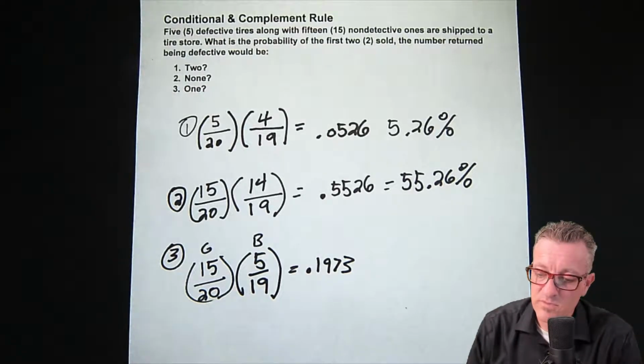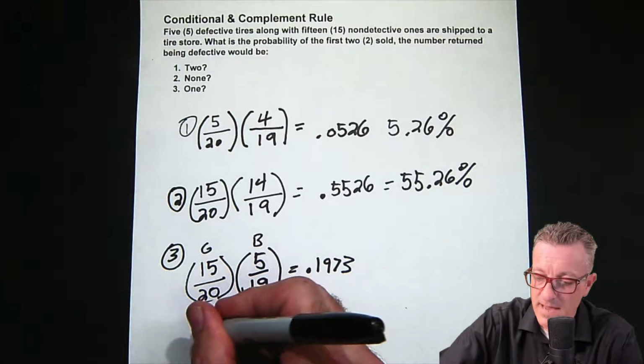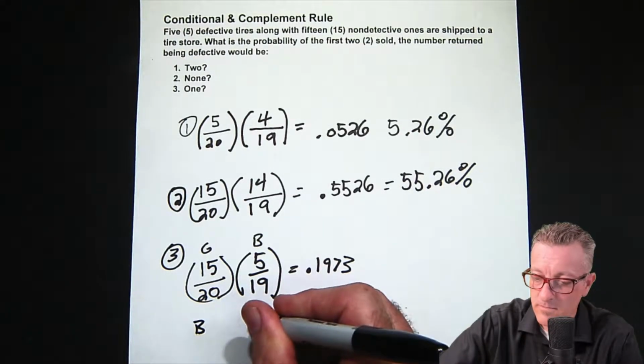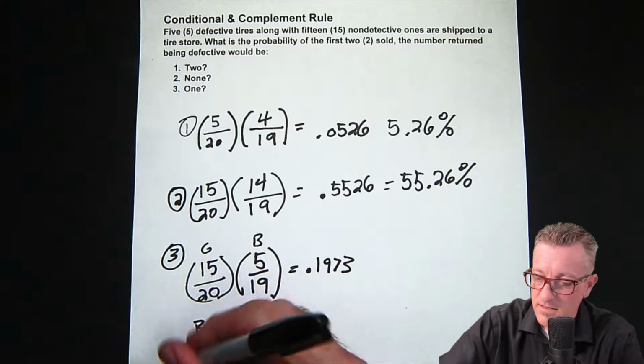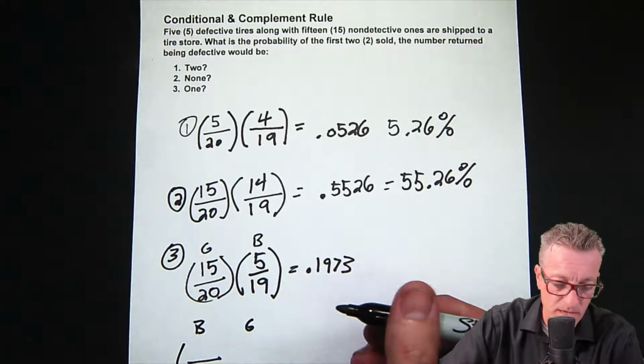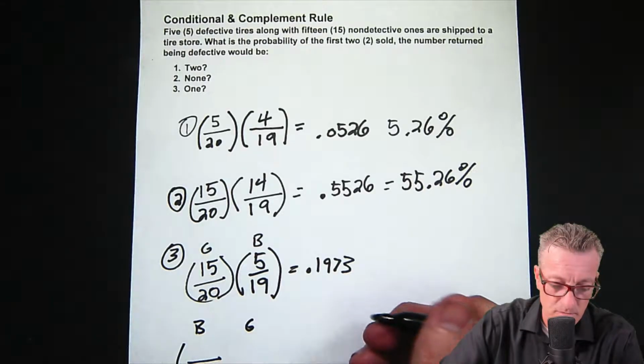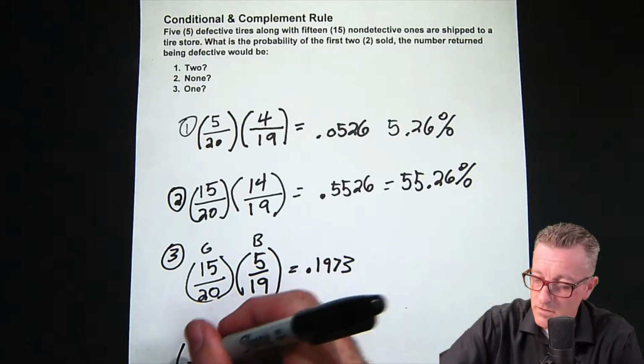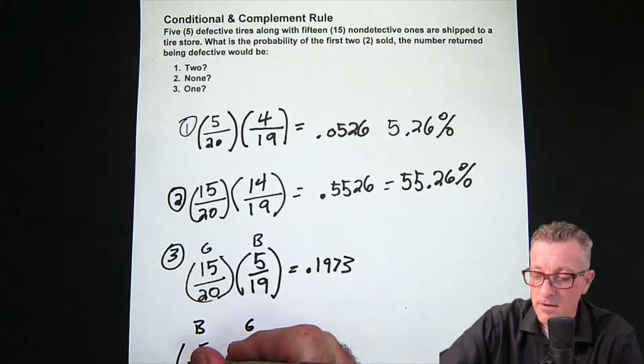That looks like the answer, but we actually have to then flip it, saying that the first one we're going to get is bad and the second one good. So for the bad first, it would be 5 over 20.